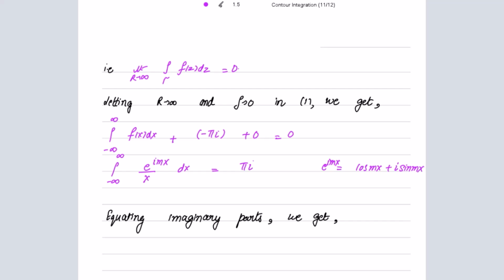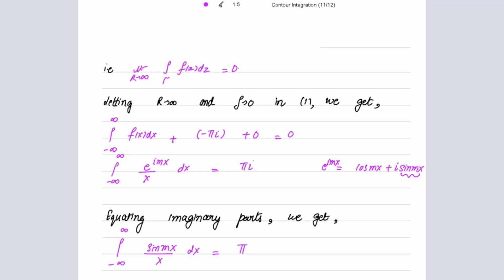So if I equate the imaginary part, I get sine of mx in the numerator, and the integral from minus infinity to infinity of sine of mx over x dx is equal to pi.